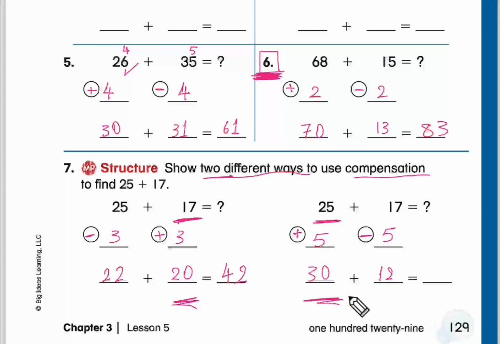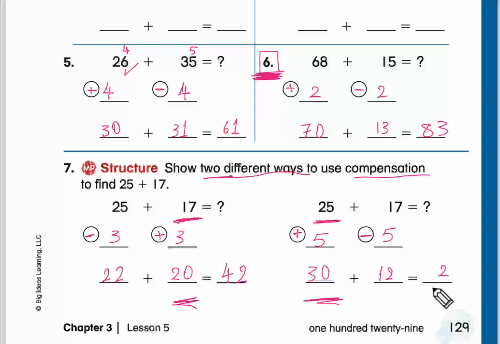32. Yes. 0 plus 2 is 2. And in tens, we have 3 tens and 1 ten.